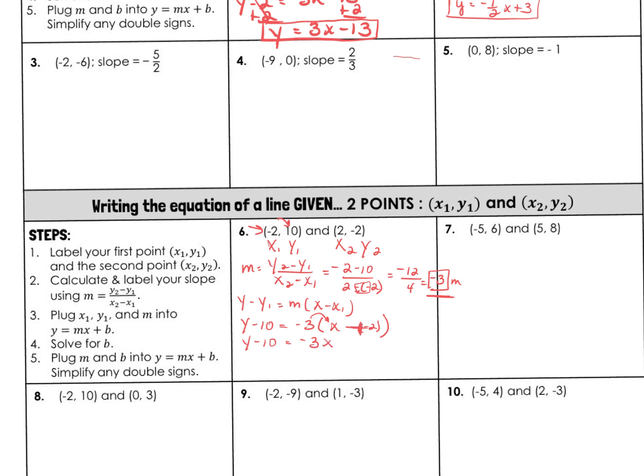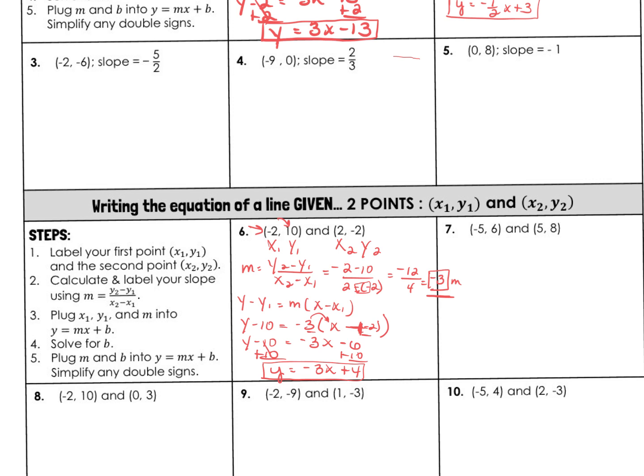This becomes positive, so this is negative 3 times positive 2, which is negative 6. Then we're going to get y by itself. We're going to add 10 to both sides. Y equals negative 3x plus 4. And that is our equation.